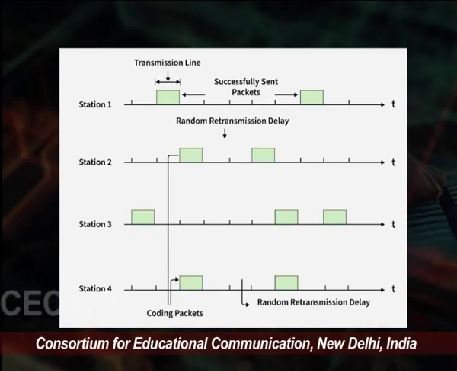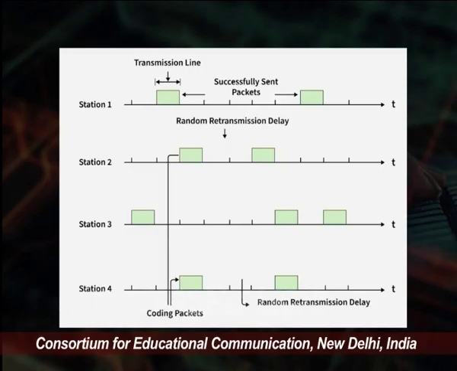The transmission line is shown in the horizontal direction. Along the transmission line, the markings are nothing but the slots. So you can see here, station 1 is transmitting some packets, and these packets are successfully sent.